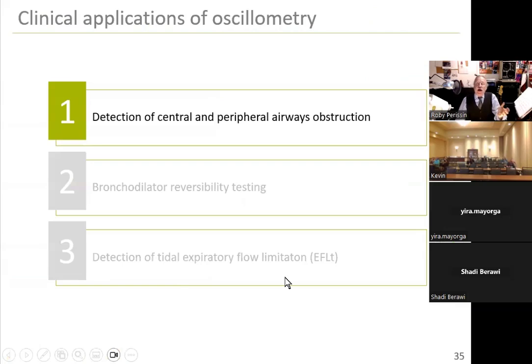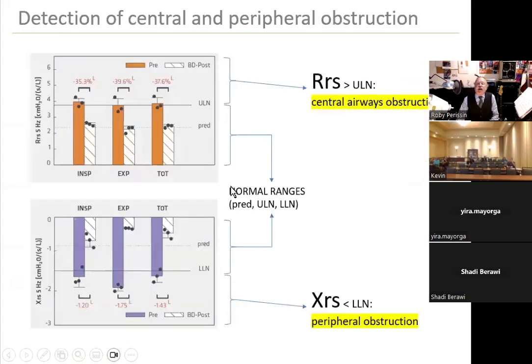Having said that, let's go on to how we use it: detection of central and peripheral airways obstruction. Here is the screen you just have to get used to; users around the world take about 10 minutes to understand it. You look at resistance and reactance, and at the normal range of each.